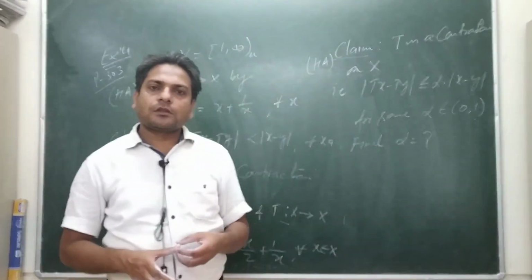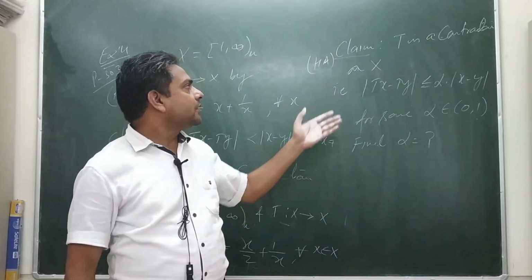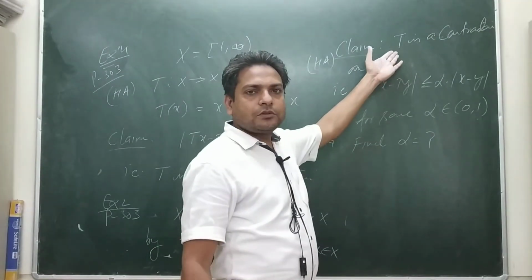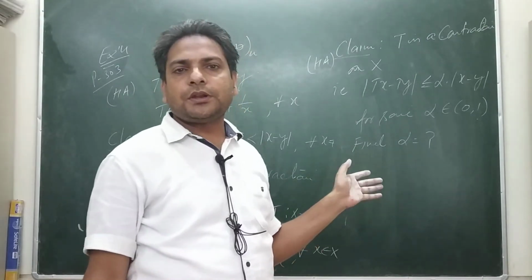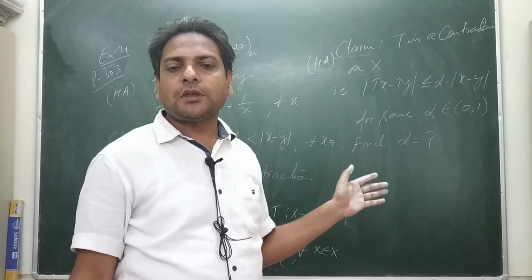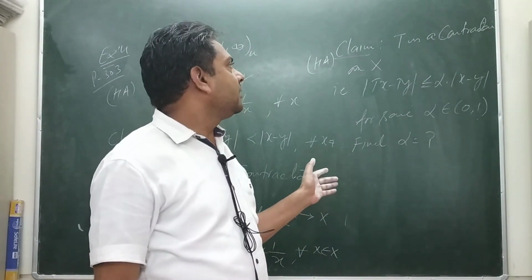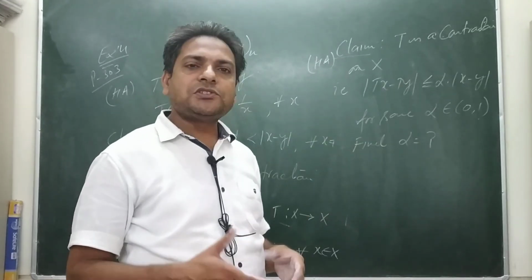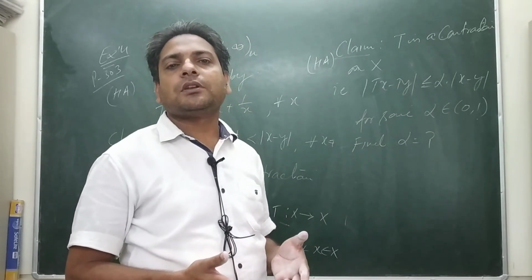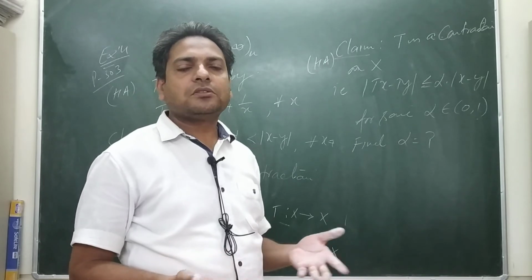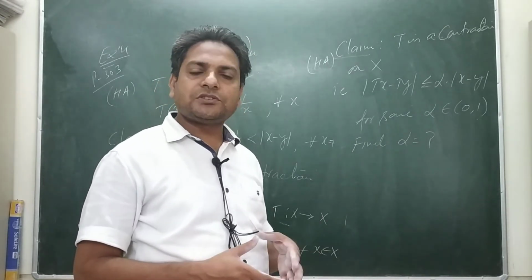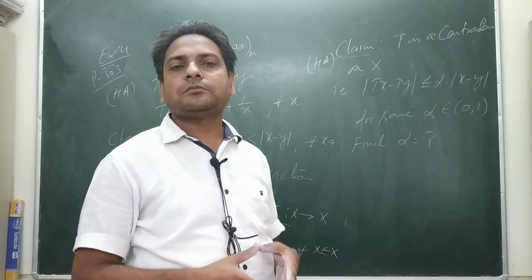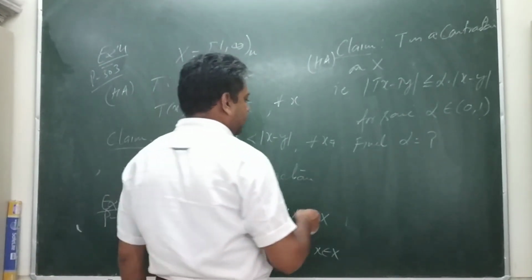Another important thing here is that these mappings, or sometimes we call them operators, are non-linear operators or non-linear maps. Because for a linear map, the existence of a fixed point is always trivial. That first part, the existence of a fixed point, is always trivial. Why is it trivial?